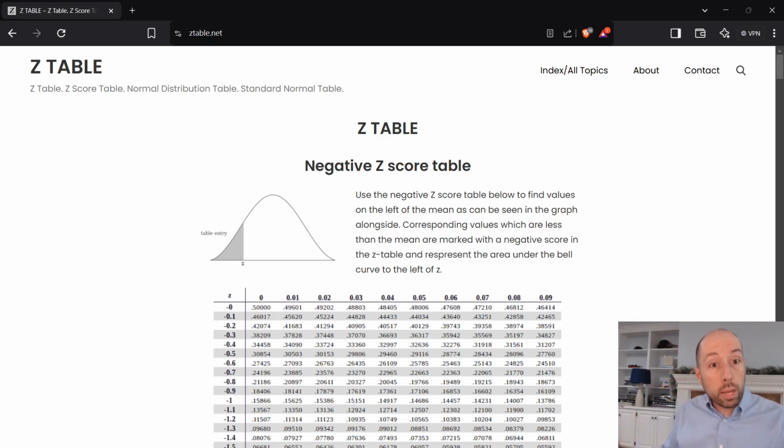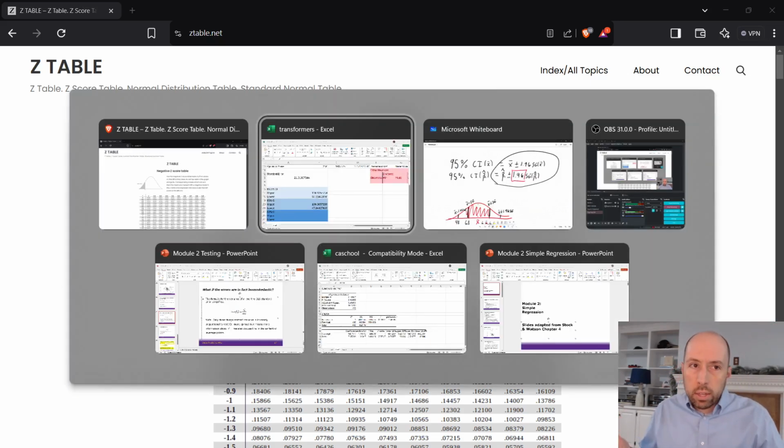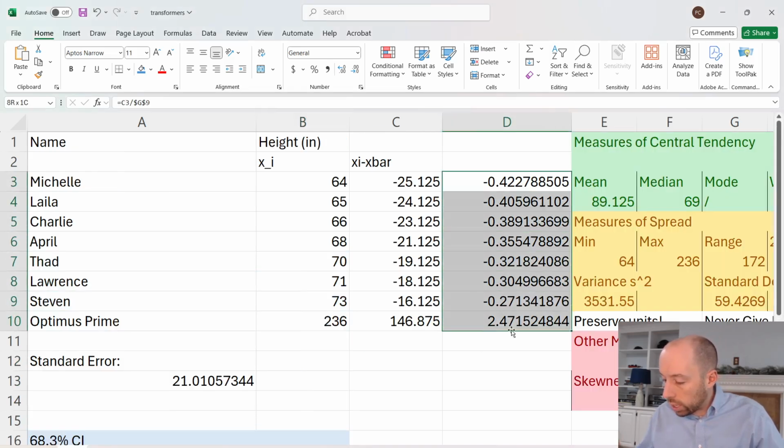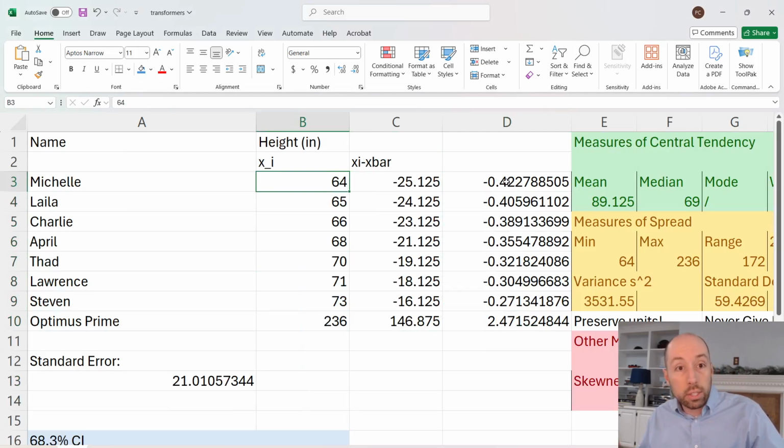Now what the z-score table does is it takes a z-score, which we know how to do, something like x minus the average x bar, divided by the standard error. It tells you how many standard errors above or below average a given point is. And I've conspicuously left those here. So these z-scores tell me that Michelle's height is 0.42 standard deviations below average.